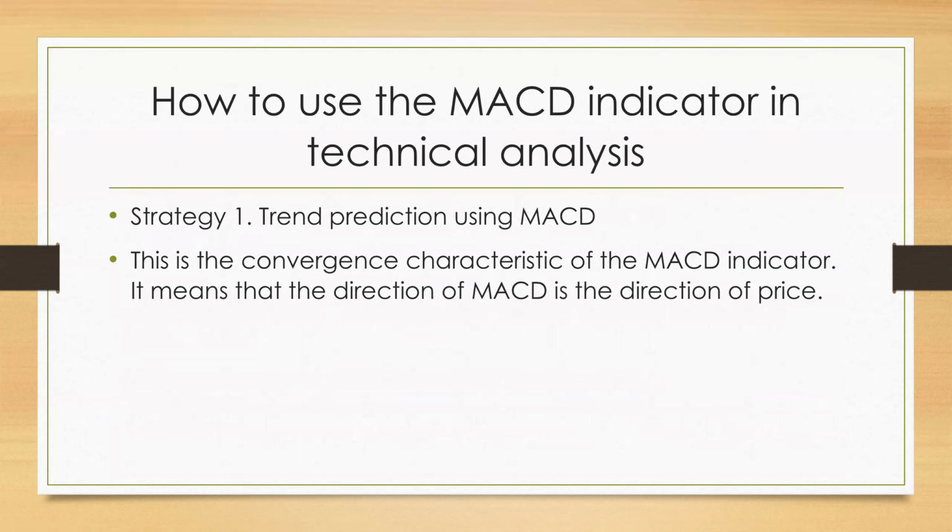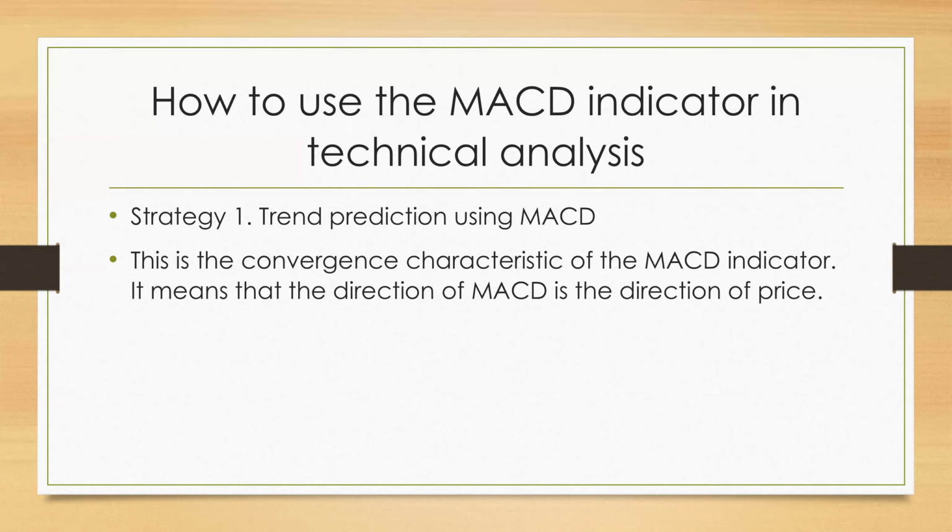So now that we understand the components of the MACD, it's a simple indicator. How to use the MACD indicator in your technical analysis. Strategy 1. We do the trend prediction using the MACD. This is the convergence characteristic of the MACD indicator. It means that the direction of the MACD is the direction of price.